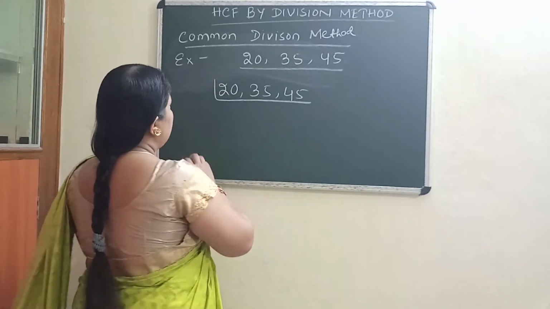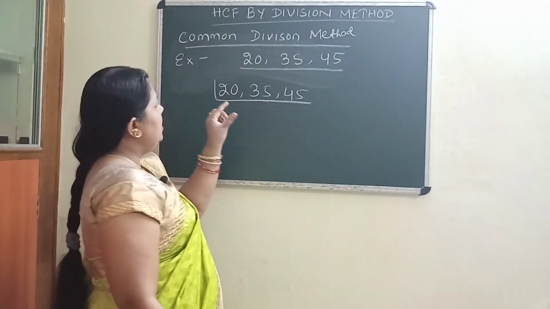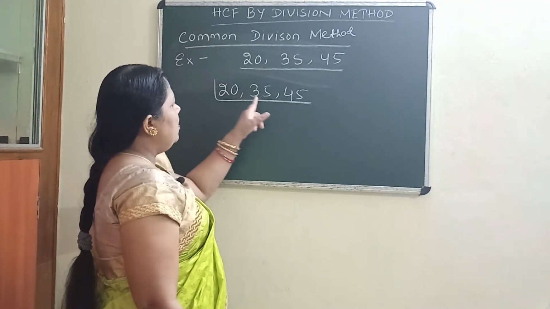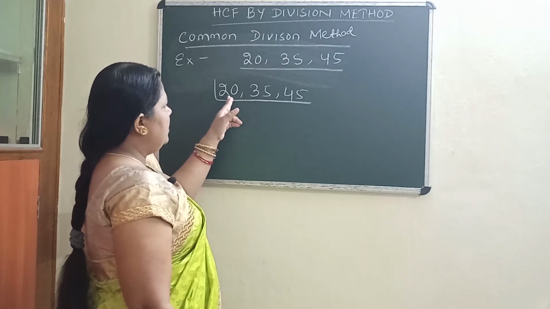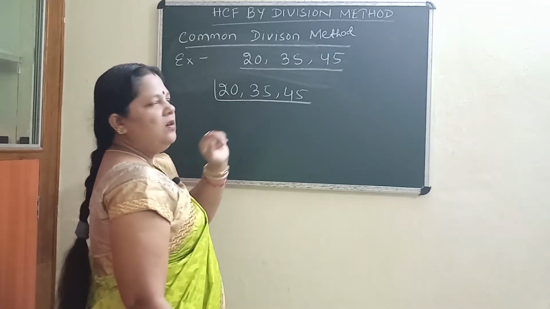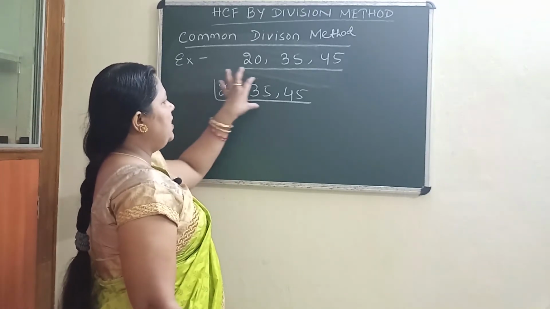So what to do? You have to select one prime number so that you can divide all the numbers. You can see this is an even number, this is an even number, but these two are odd numbers. So you have to check which number you will select so that you can divide three numbers at a time.